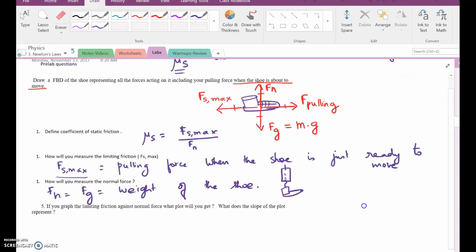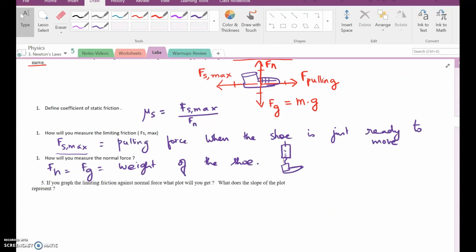There is also another way to represent your data, which is by drawing the graph. You could draw a graph between the normal force and Fs max. Because the normal force is your independent variable, it goes on the x-axis and Fs max goes on the y-axis. Take a few seconds to think about what type of graph would that represent. What would the plot look like?